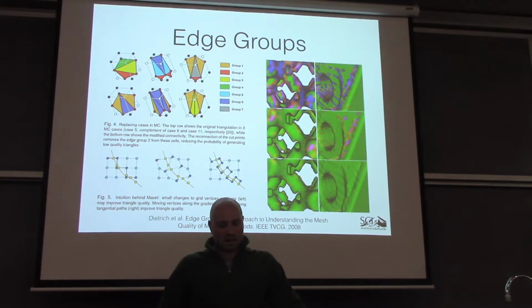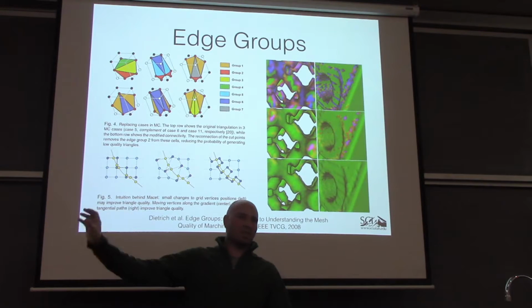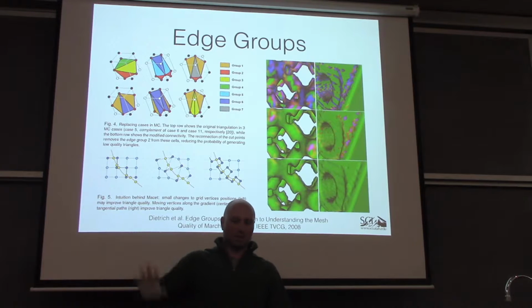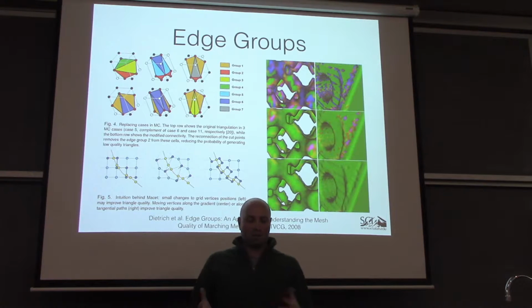And lastly, I'll mention this TVCG paper from Decret et al. Joao Comba and Claudio Silva were also in this paper. And this is a technique they call edge groups, which actually further simplifies the 15 cases of marching cubes into 8 cases that are more or less similar.